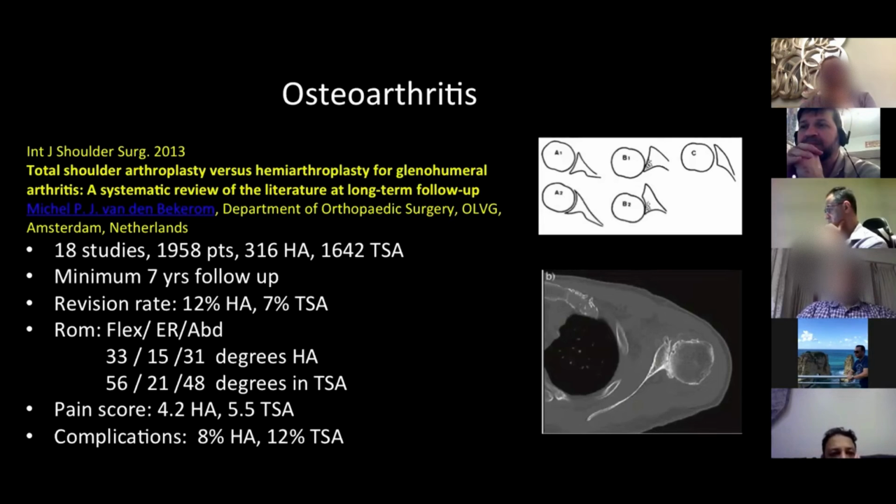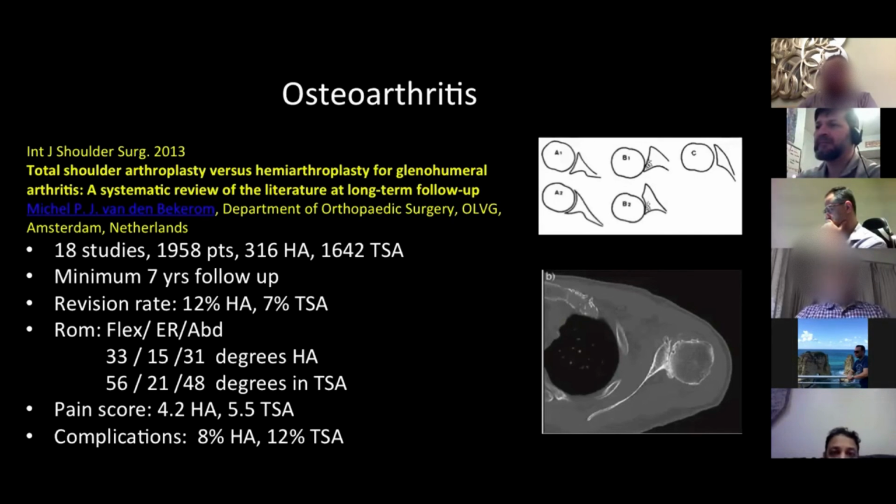Revision rate was higher in the hemiarthroplasty group when compared to total shoulder arthroplasty. There was statistically significant improved range of movement in flexion, abduction, and external rotation in the total shoulder arthroplasty group. Pain score was also better in the total shoulder arthroplasty group.